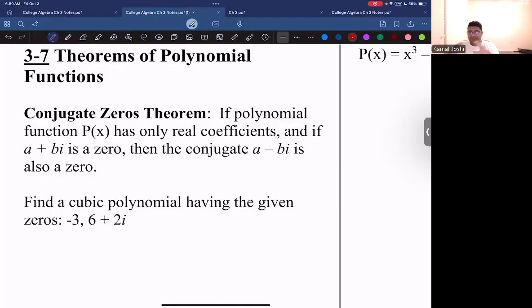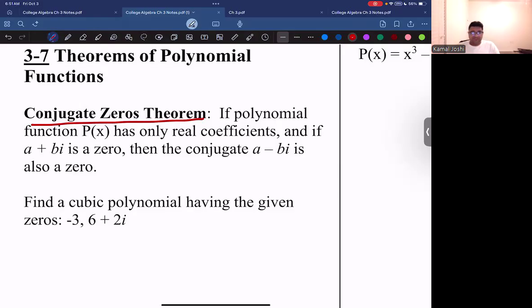So for example, if x equals 2 plus root 3 is one of the roots, then 2 minus root 3 has to be the other one. In the same way, for complex numbers, if 4 minus 5i is a root, then 4 plus 5i will also be a root of that polynomial. That is what we mean by the conjugate zeros theorem.